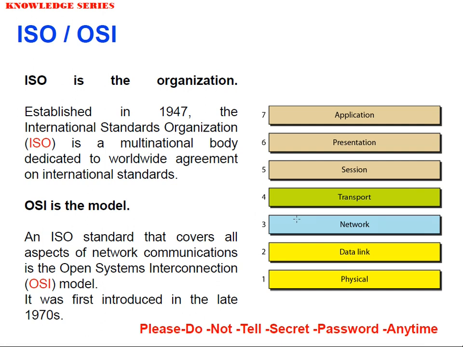When data is sent from one machine to another, it has to follow from layer to layer. Once it goes from the top to the bottom, the sending will take place, and once it reaches the destination, in the same way it will follow in reverse from the bottom to the top.